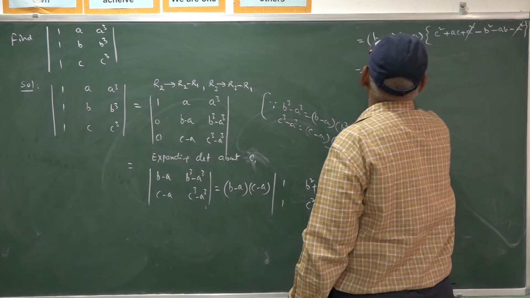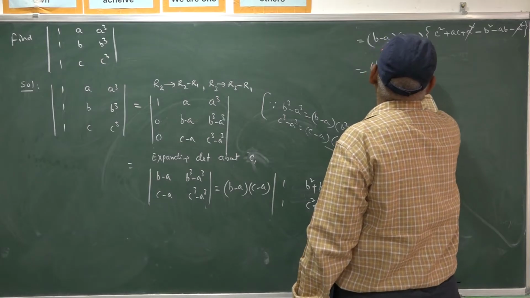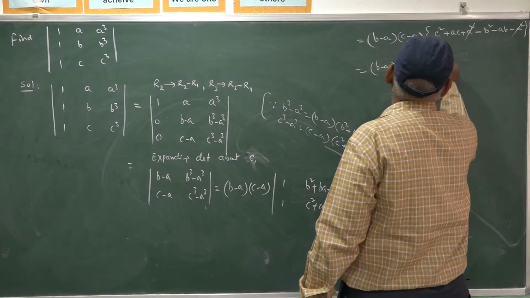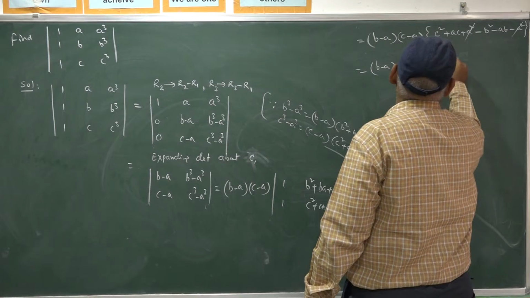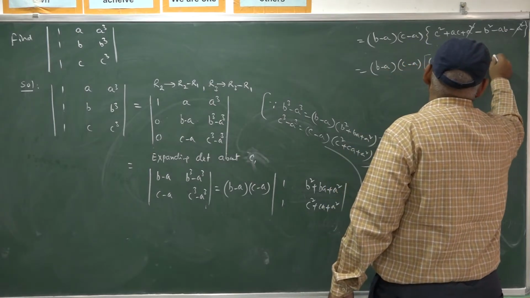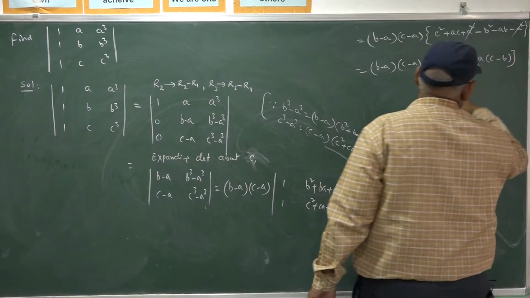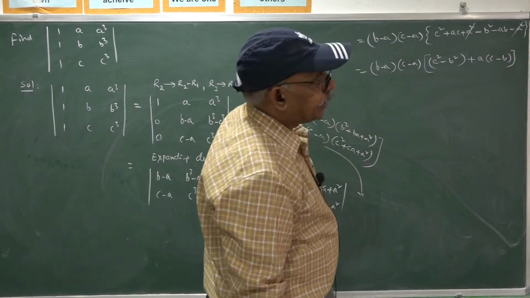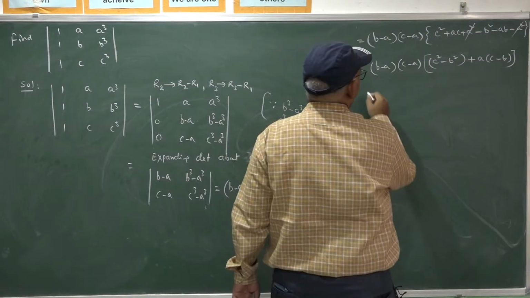Now from this, again you can factorize this one. You can collect these two terms and take A as common. So once again you can take C minus B as common here.